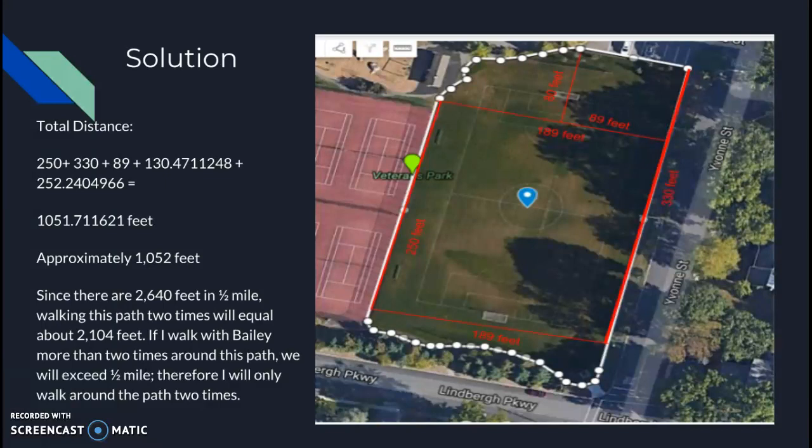And since there are 2,640 feet in half a mile, walking this path 2 times would equal about 2,104 feet.